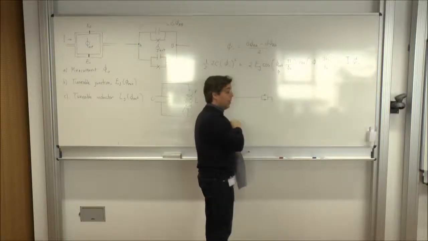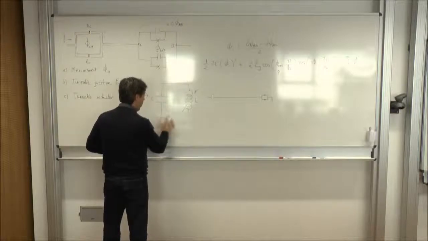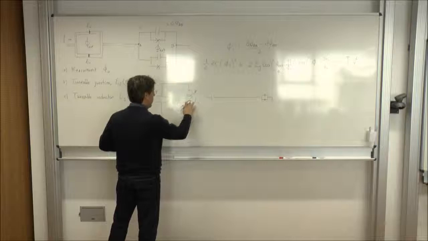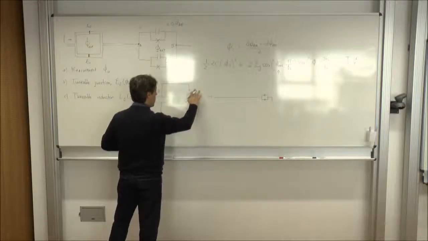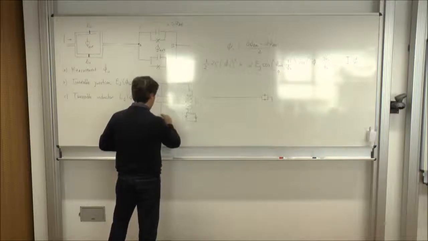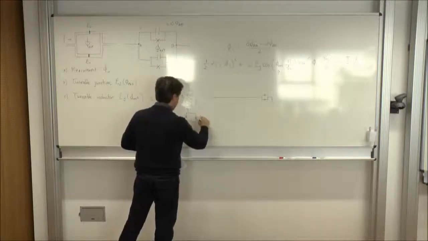So from the point of view of the fundamental mode of this cavity, this is like having a fixed inductance, and you add some SQUID here. This will be your tunable Josephson junction.